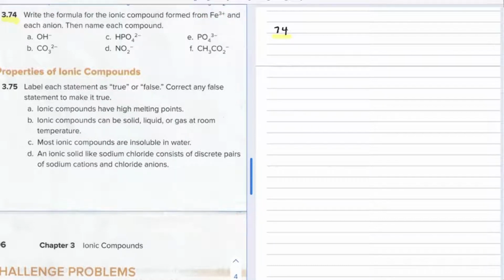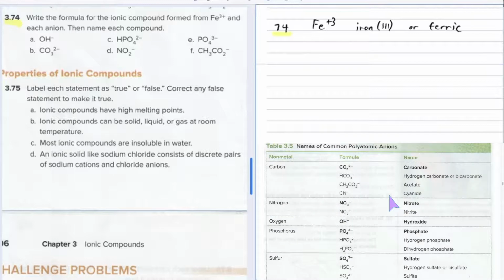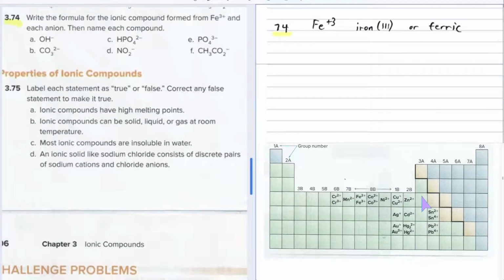So Fe plus 3, let's just write that down. Fe plus 3, that's called iron 3 or ferric. Remember, you have to indicate the charge on this one because this is one of those metal cations that's in this region, okay?